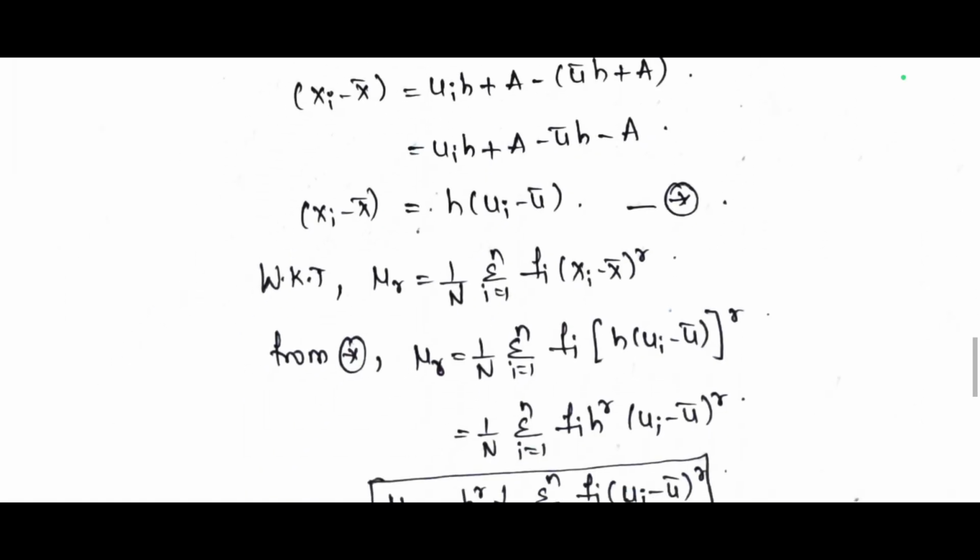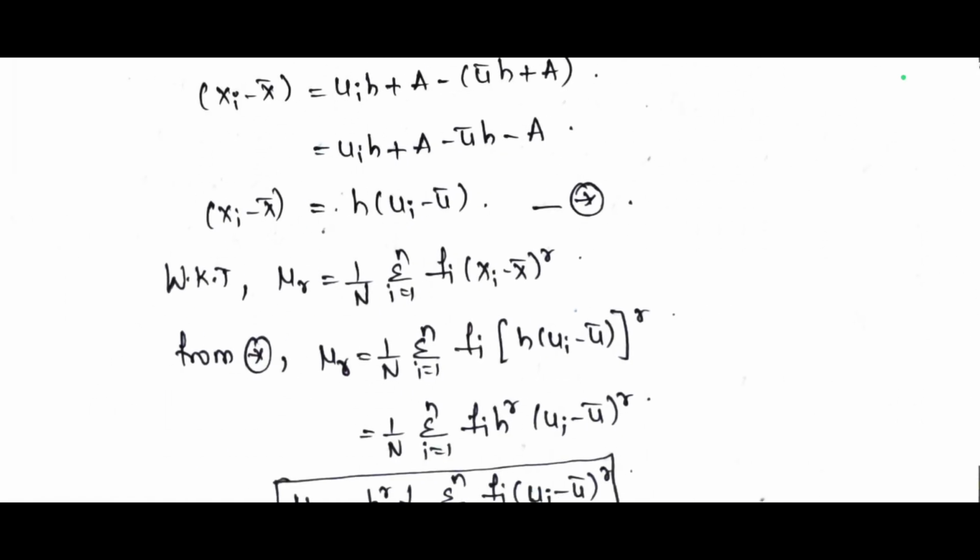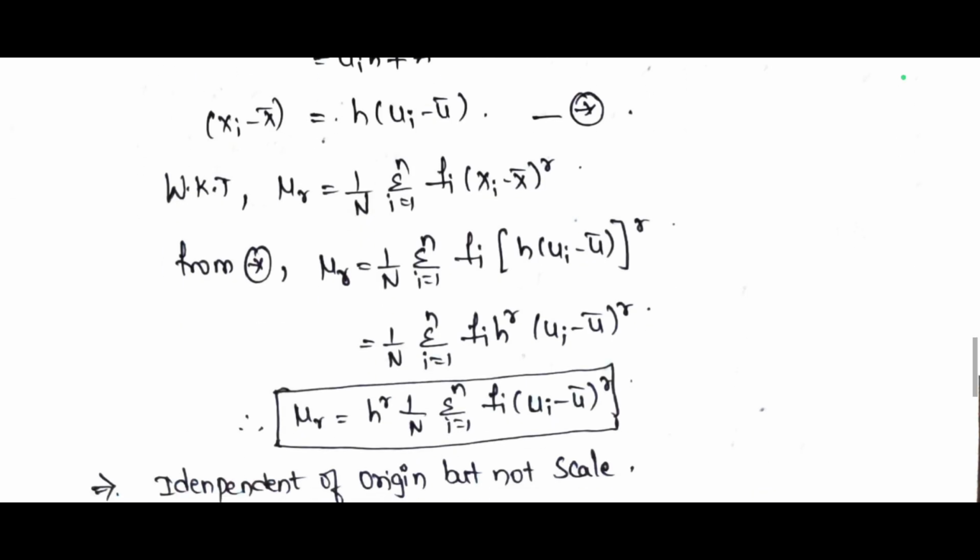Now we know the formula mu r equals 1 divided by capital N, summation i runs from 1 to n, fi into (xi minus x bar) whole to the power of r. In that, from star, in place of xi minus x bar, we substitute h into (ui minus u bar) whole to the power of r.